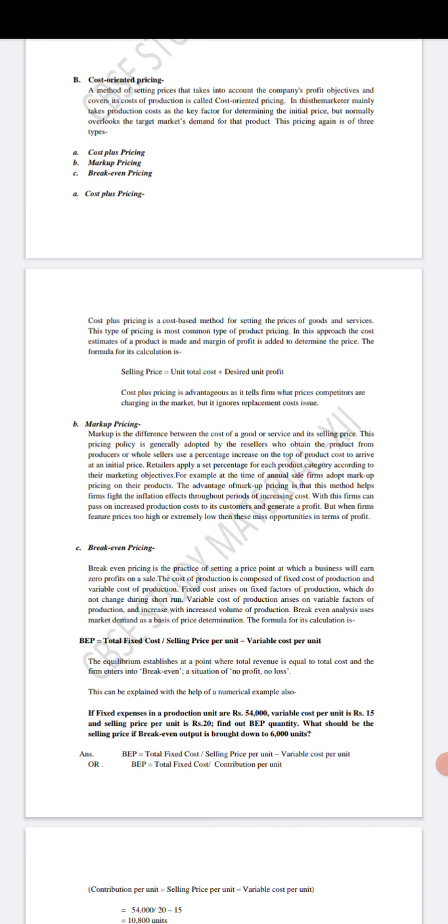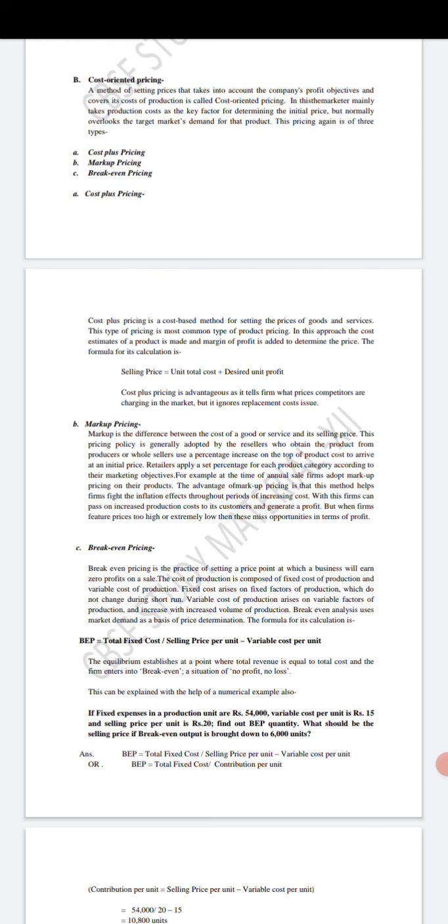So resellers always use this method. It means when manufacturers sell some product to a wholesaler, the wholesaler will resell it to the retailer at a higher price, and the retailer will again resell it to the customer at a higher price. So this add on price is called markup price.